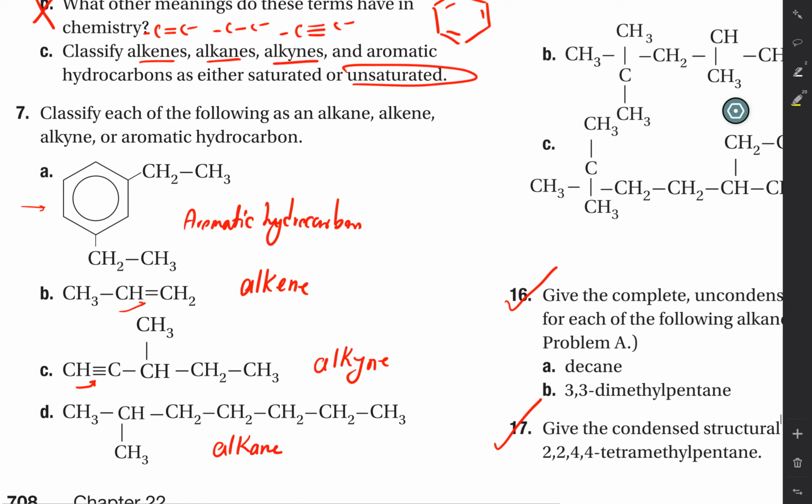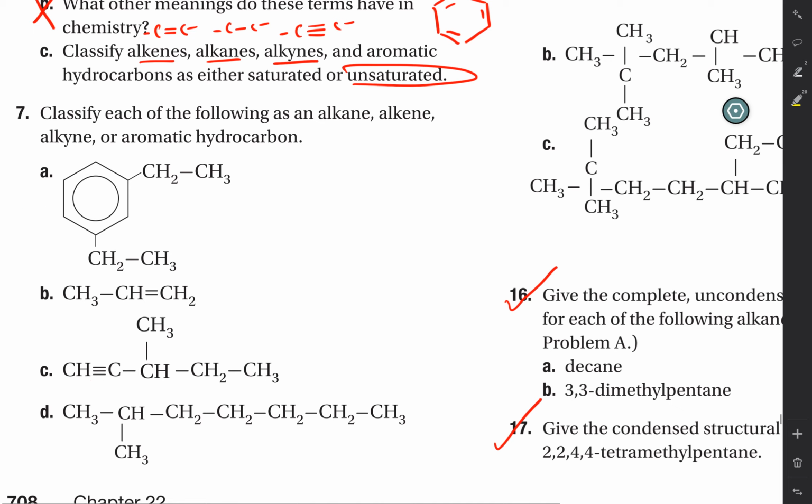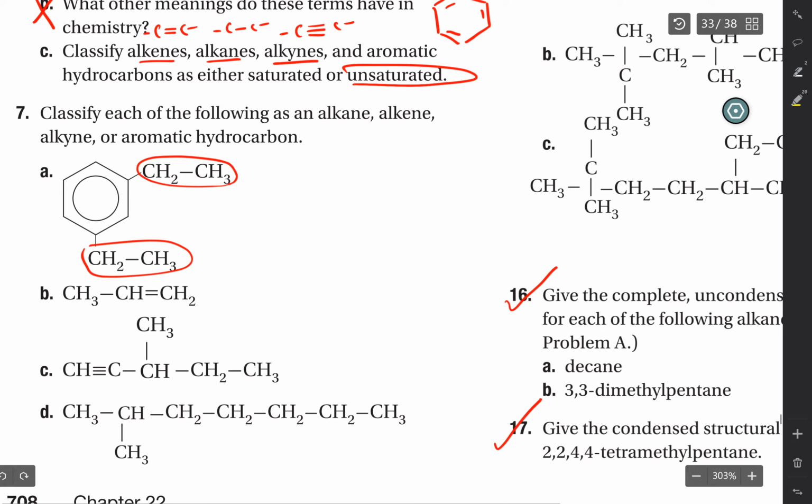Although it does not ask us to write down the names of these hydrocarbons, here I want to name them for more practice. In the first one, you can see we have two groups, or two branches, on the benzene ring. One of them is on position number 1.